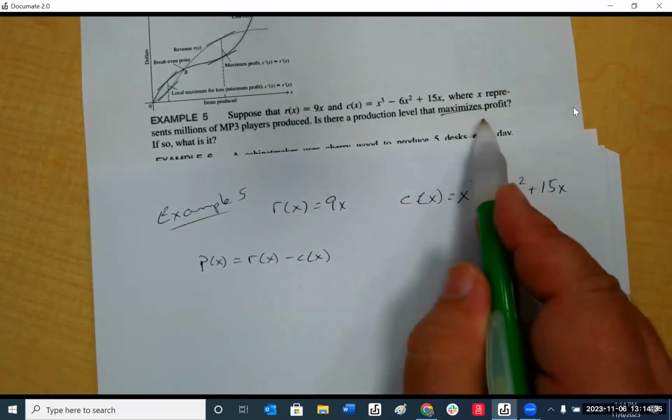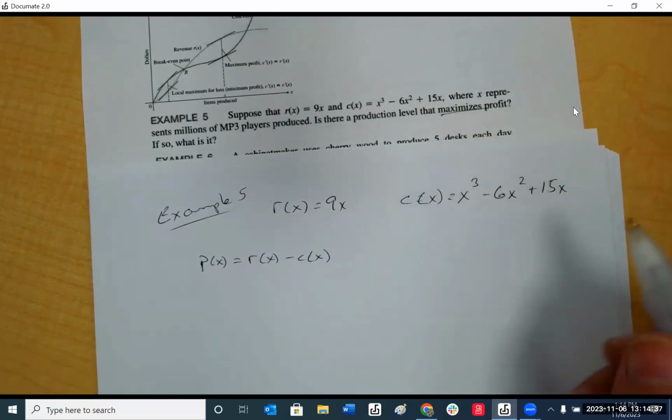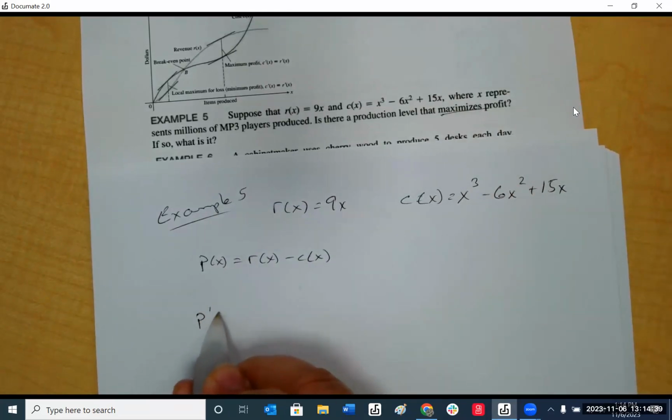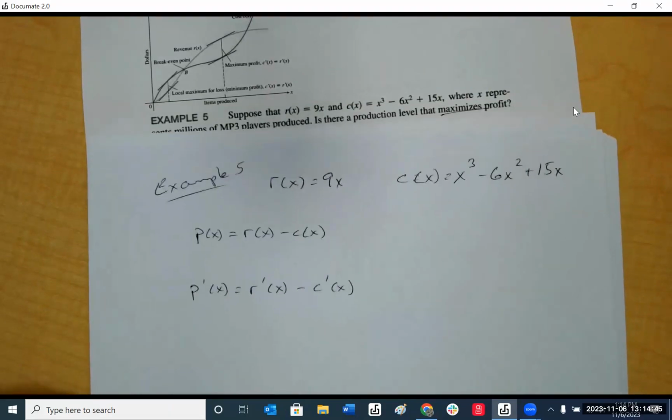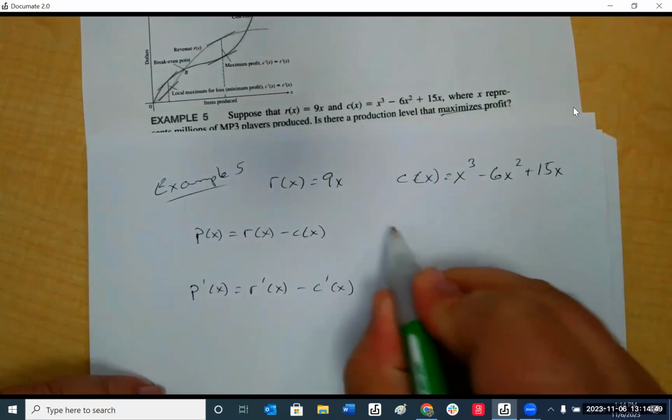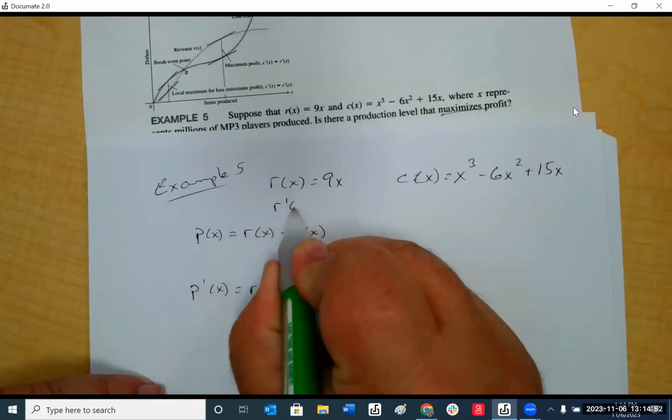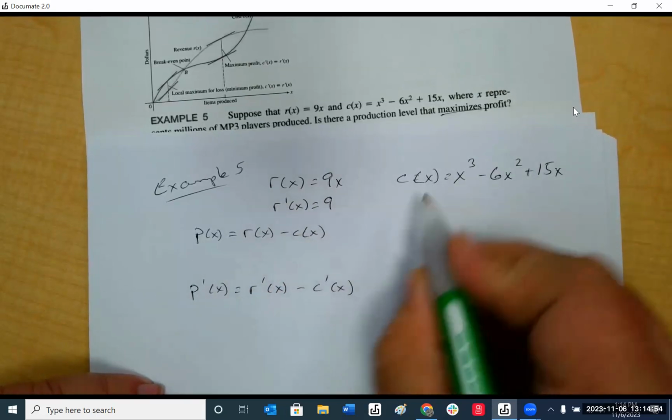So we're looking at maximizing profit, so we're looking for marginal profit. So we have to take the derivative. R prime will be 9.